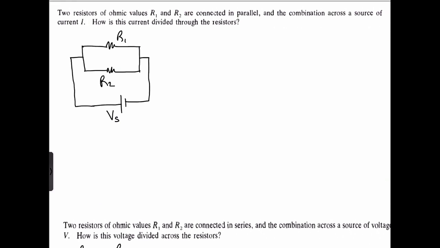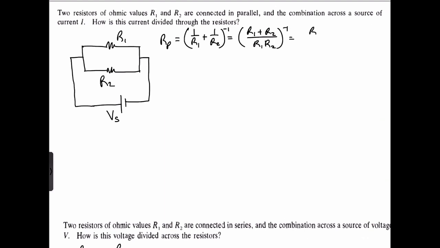Okay, so let's derive the current division formula first. We start by finding the combination of the two resistors, and that is going to be the following. Take that to the power of -1. We simplify or combine whatever we have in the parentheses, and that will be (R1 plus R2 all over R1 times R2) to the power of -1.